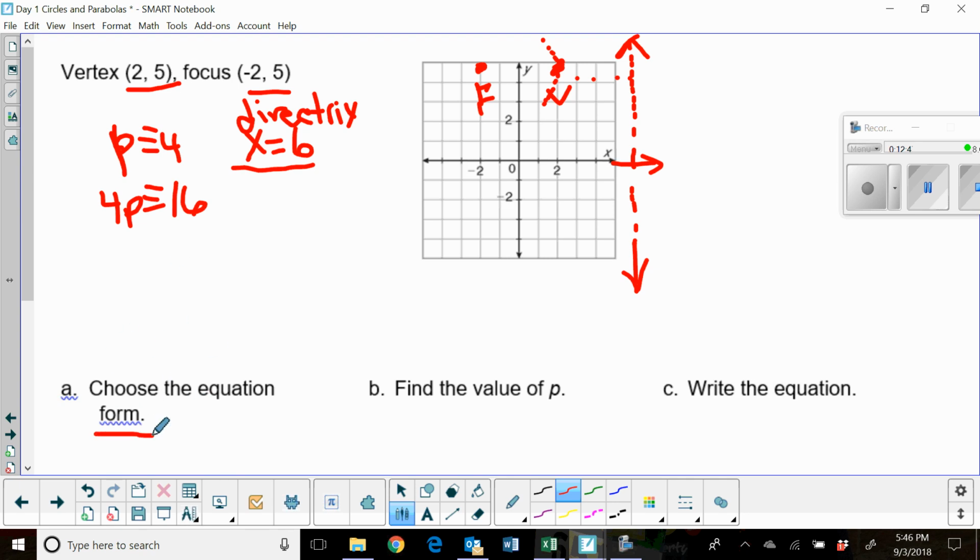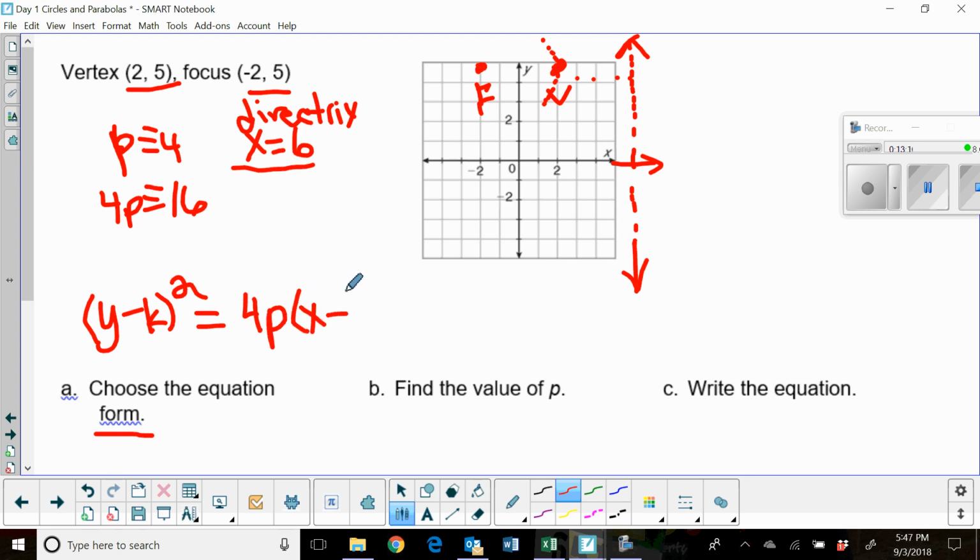Now we need to choose an equation. This is a left-right facer, so I'm going to use (y minus k) squared, and the reason I'm using the one with k is I'm no longer at the origin. My vertex is up here at the point (2, 5). Then 4P, and I'm going to have (x minus h).